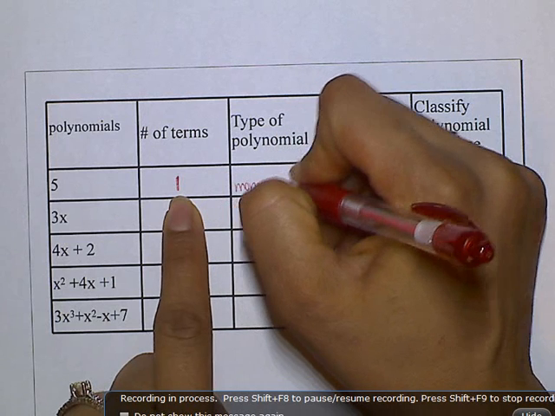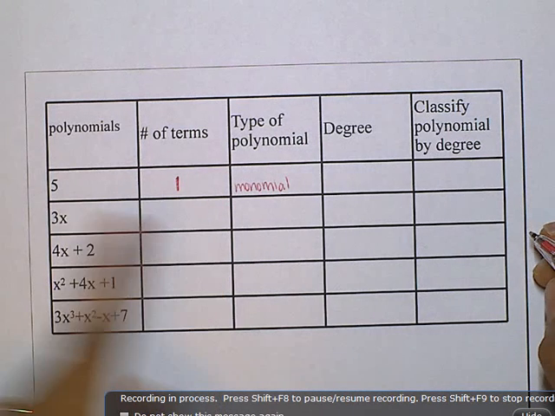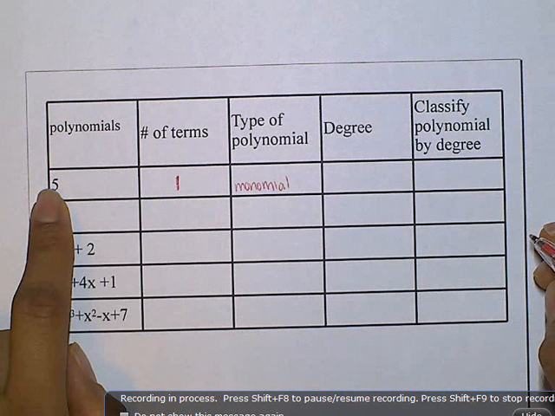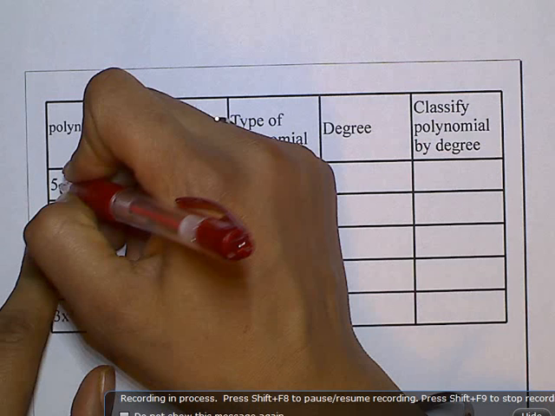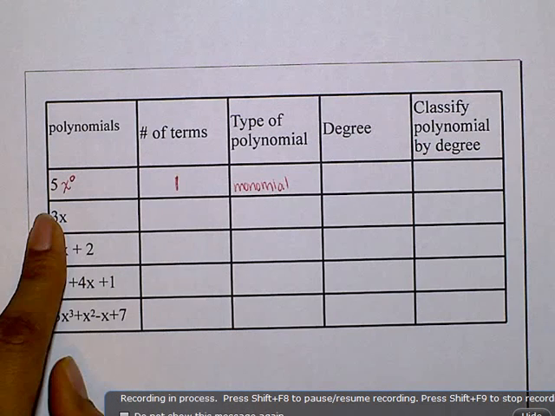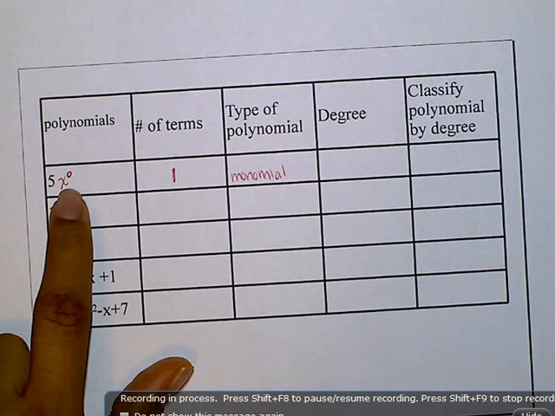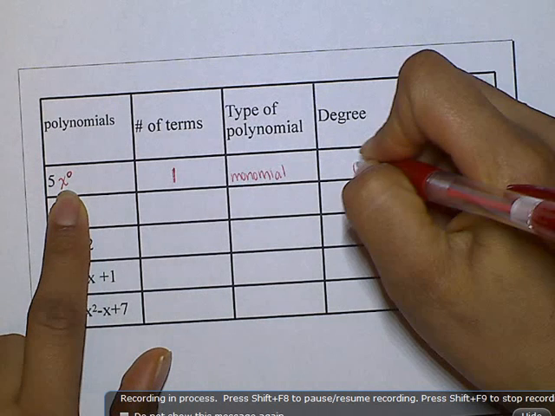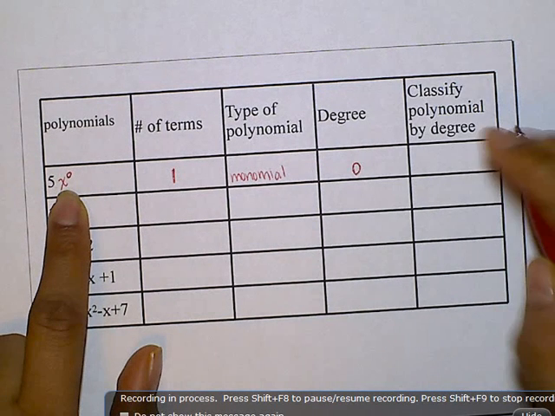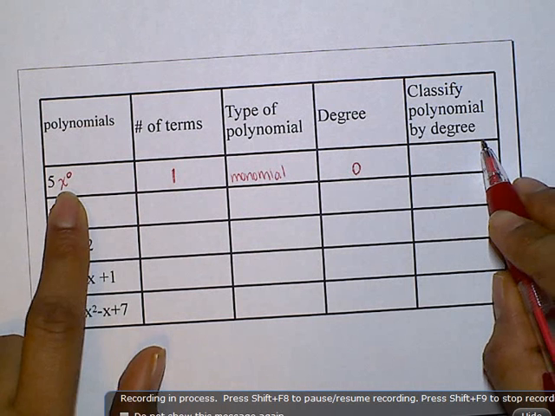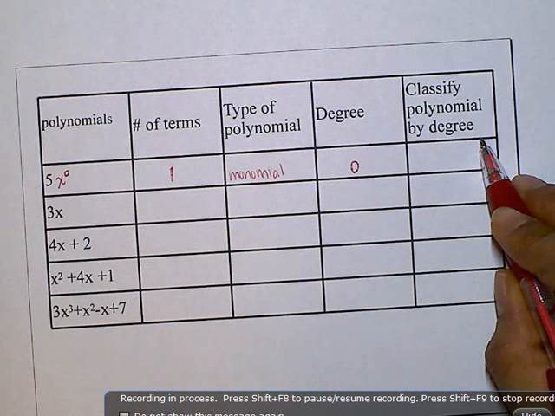So technically you can put a variable with an exponent of 0, because anything to the exponent of 0 is 1. So here the degree is 0. And classifying the polynomial by its degree, it doesn't have any degree, so you can just say 0th degree function.